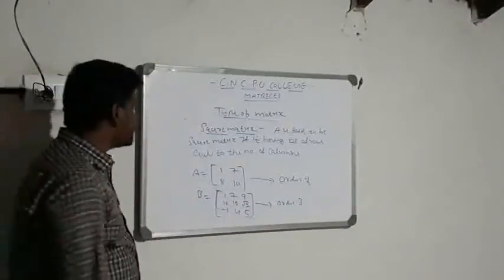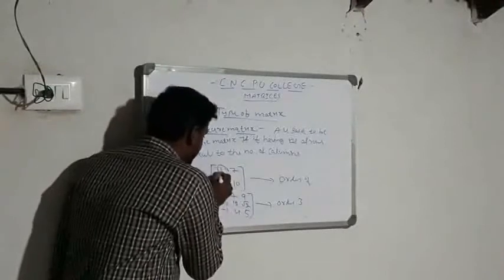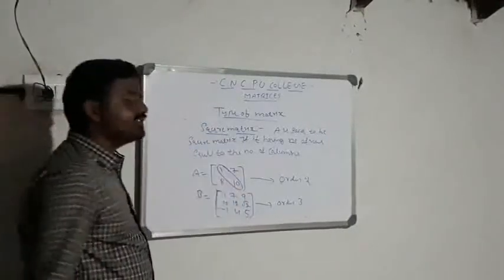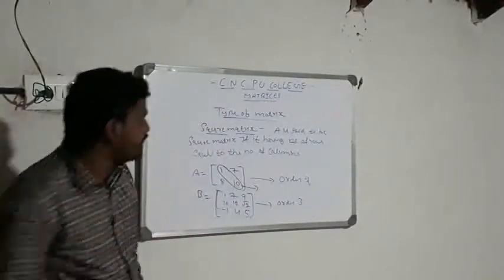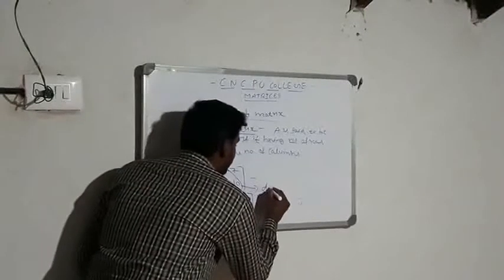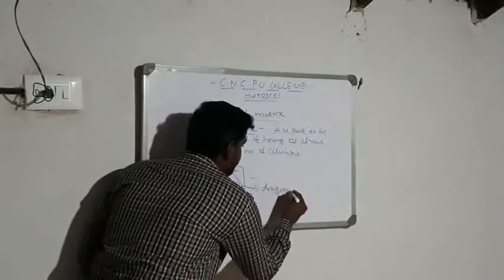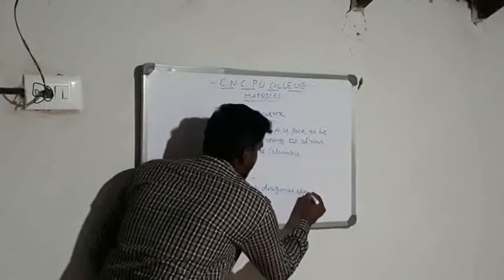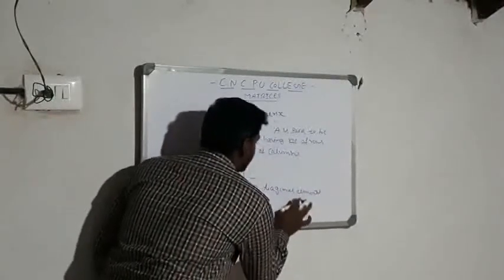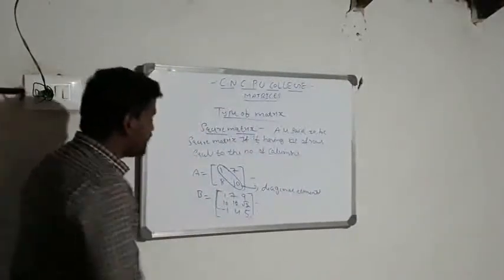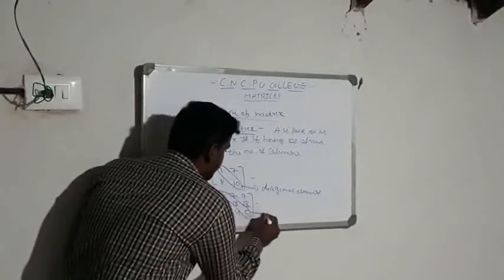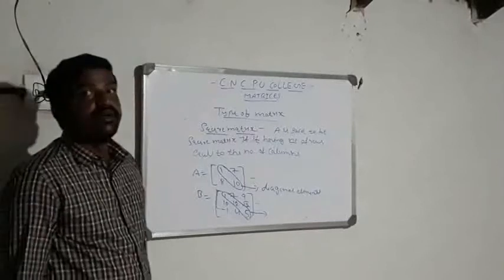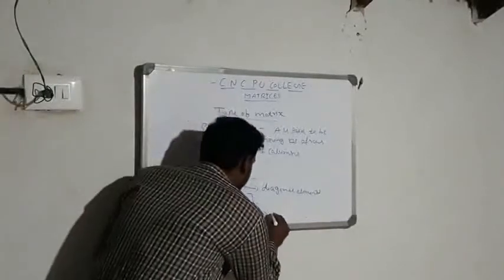Next, in this square matrix, the elements 1 and 10 are called the diagonal elements. In the square matrix B, what are the diagonal elements? 1, 12, 5 are called diagonal elements or principal diagonal elements.